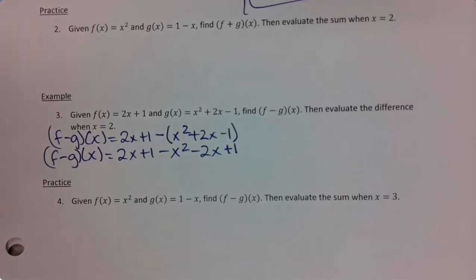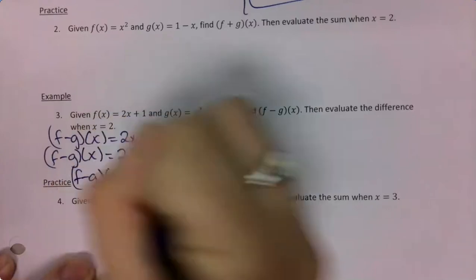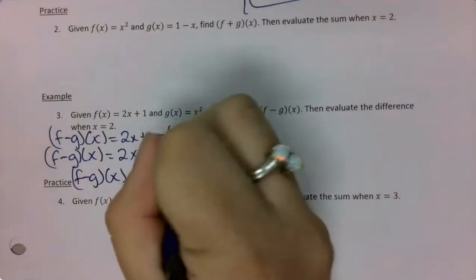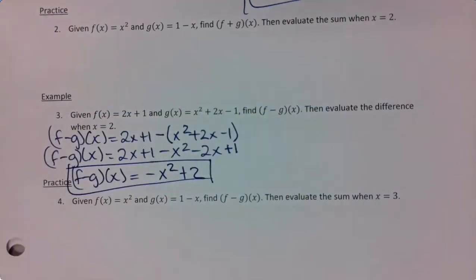Then I want to combine like terms. So what do I get when I combine like terms? Questions on getting that function?